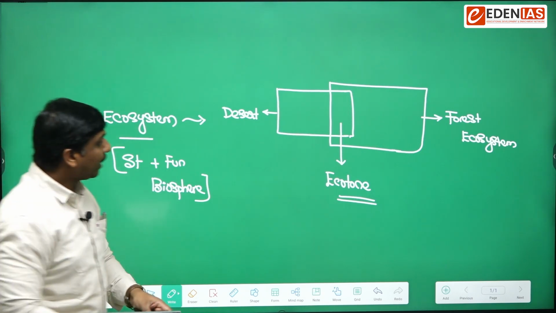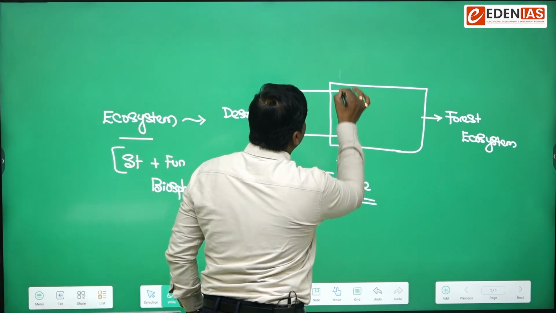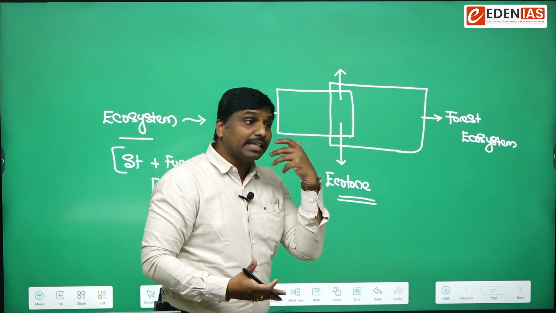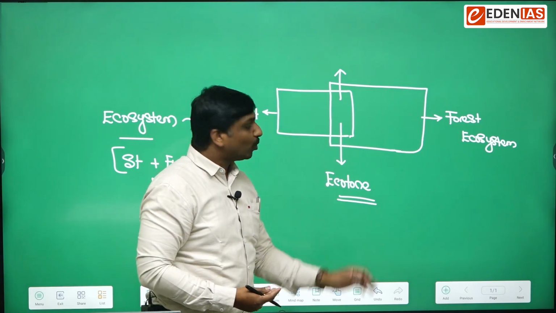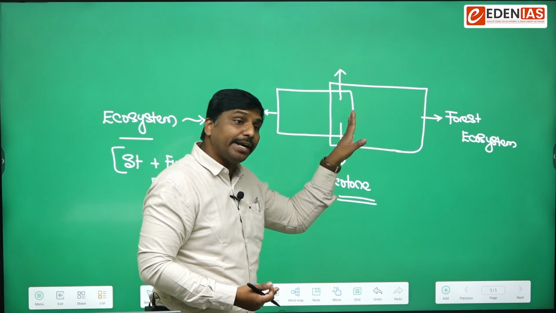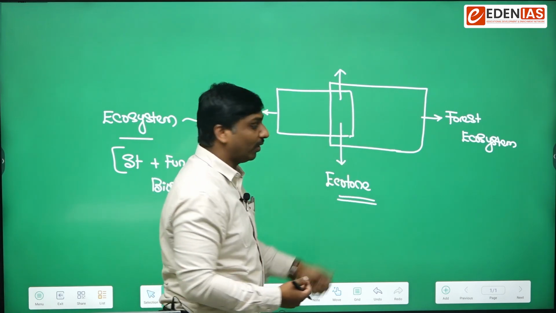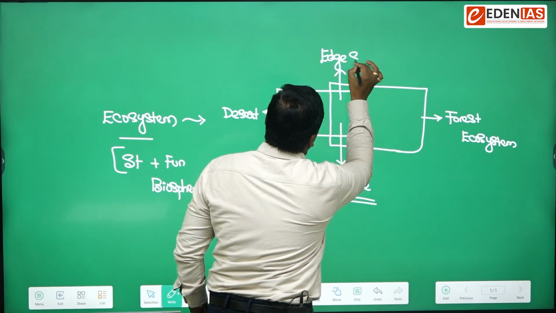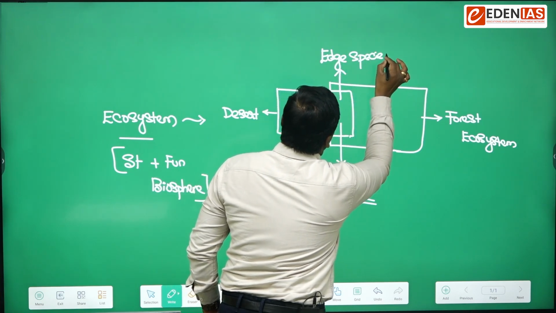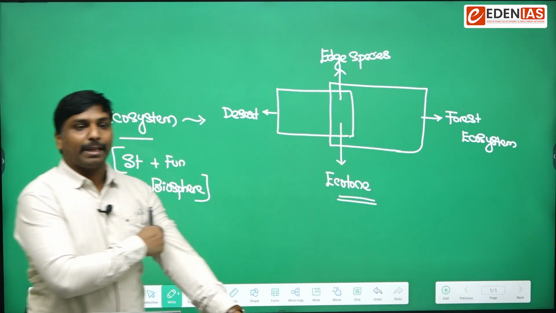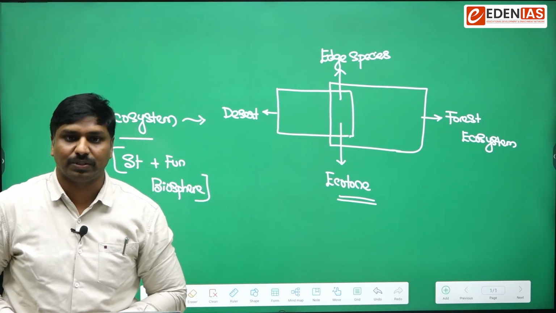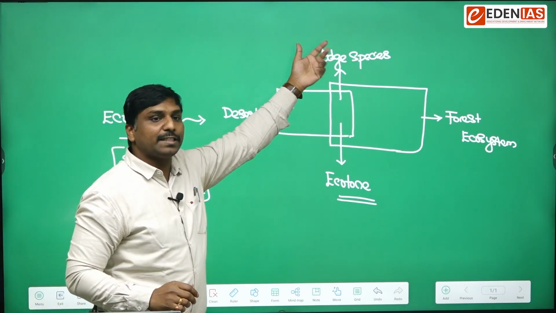In ecotones, certain specific species usually prevail and their abundance is more. Those species whose abundance is more in the ecotone are known as edge species. Those species which live in the ecotone zone are nothing but edge species.